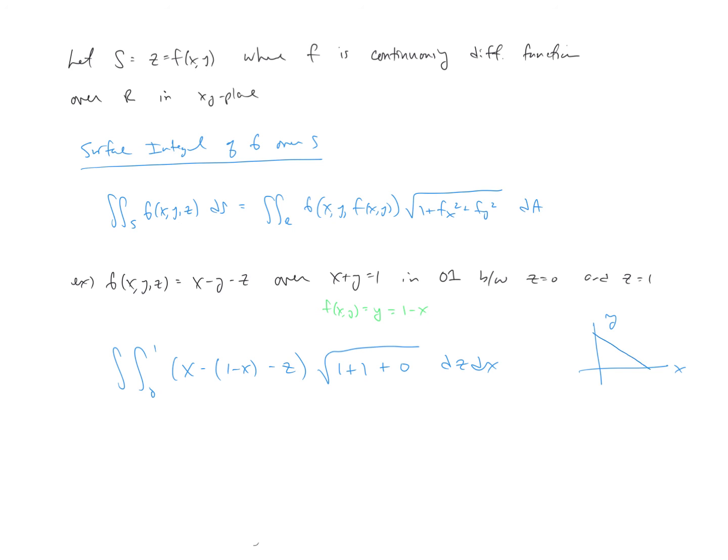So we're going to be talking about this. You can see that x in this case would also run from 0 to 1. So that would be your setup for this particular surface integral, having been given a non-parameterized surface.